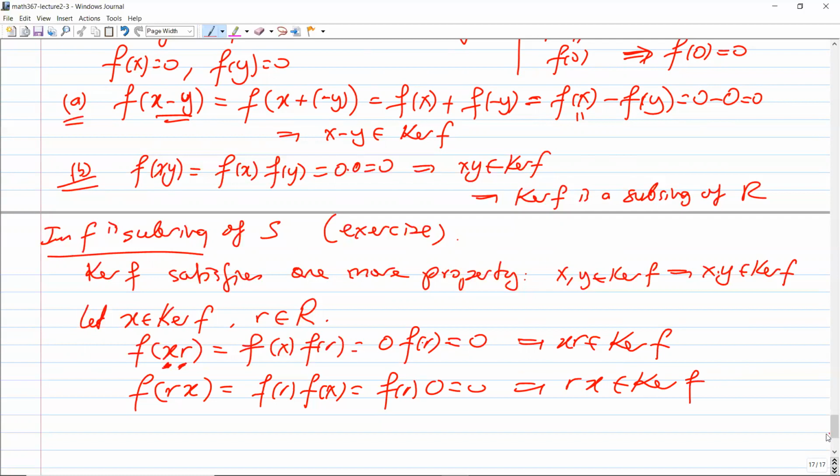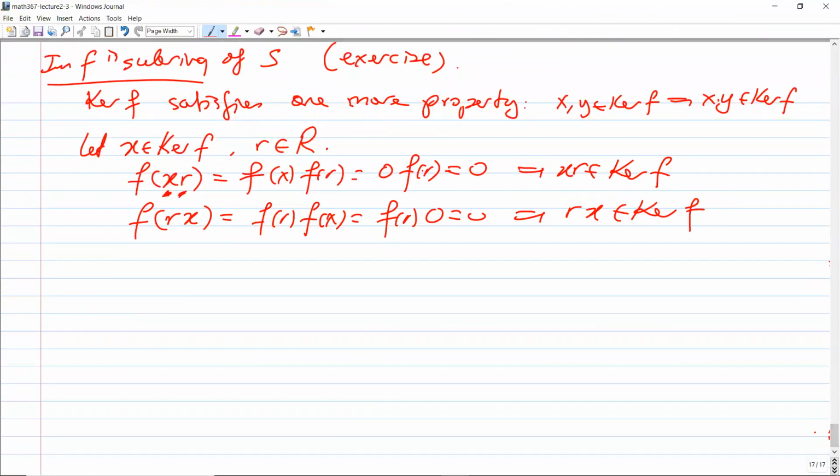And so more than just a subring, this condition is also satisfied. And we make this definition. So let I be a non-empty subset of a ring R.